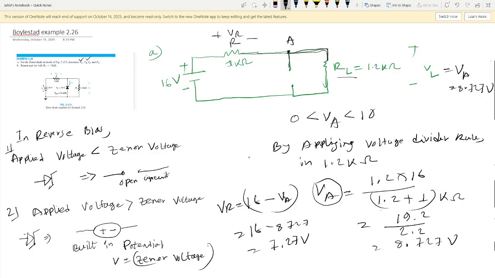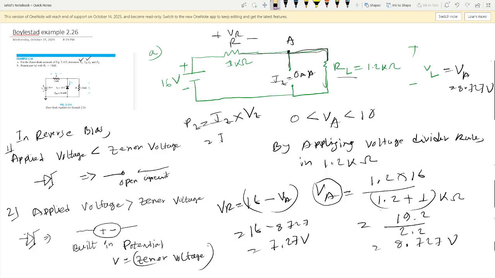And here you find that our Zener diode is off, so our IZ, or Zener diode current, should be 0 milliamps. So our PZ, or power dissipation, is IZ times VZ.